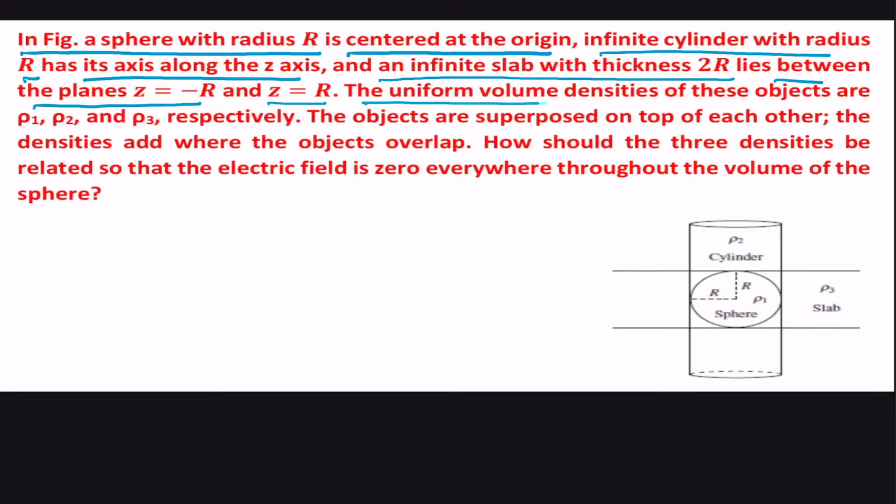The uniform volume charge densities of these objects are rho 1, rho 2 and rho 3 respectively. The objects are superimposed on top of each other, and the densities add where the objects overlap. How should the three densities be related so that the electric field is zero everywhere throughout the volume of the sphere?